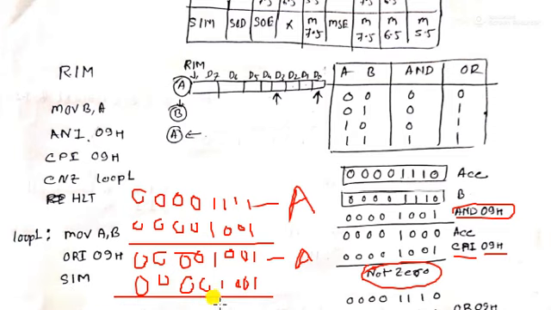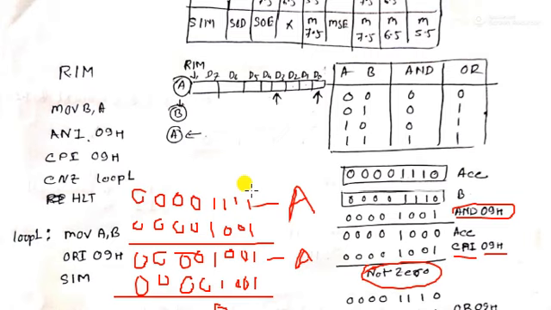So the result will be 0. Why will the result be 0? Because we need the bit positions D0 and D3. We need the D0 and D3 bits to be 1 and compare. So if these two bits are 1, then the result will be the same and the output will be 0. That means the RST 5.5 is set.